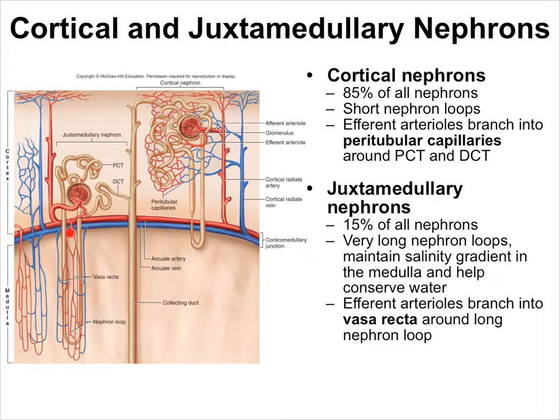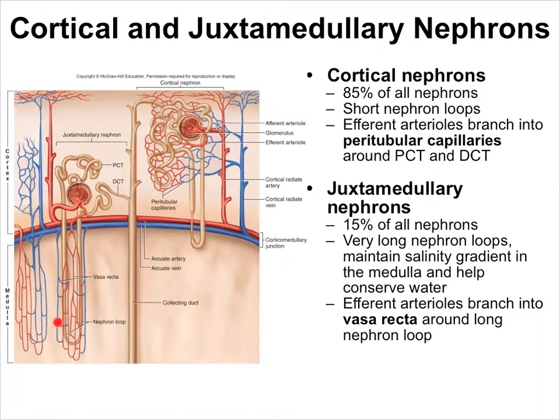The efferent arteriole branches into what are called the vasa recta. They're similar to peritubular capillaries, but they have different permeabilities, and we'll talk about that later. These are going to maintain the salinity gradient of the medulla.